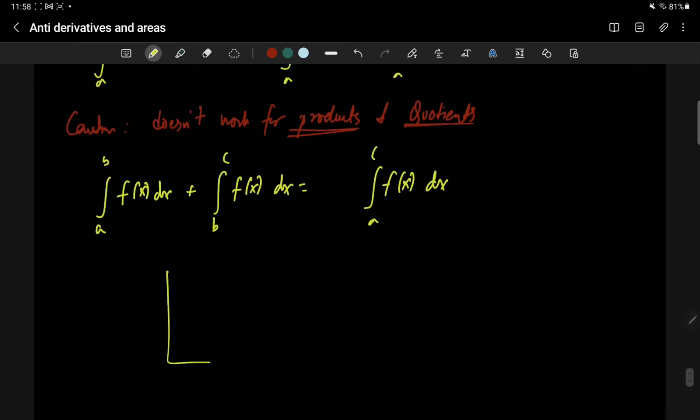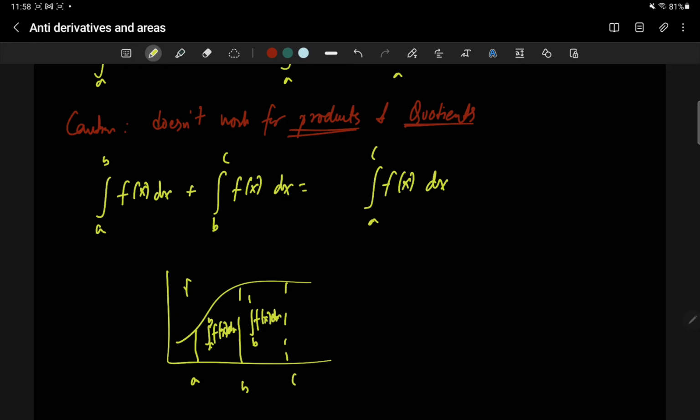So what this is saying is, if I take the area from a to b, and then I add the area from b to c, I get the whole area, which makes sense. If there's no overlap and the lower and upper bounds agree, then you can combine them, because essentially you are combining the areas and you get the area of the larger figure.